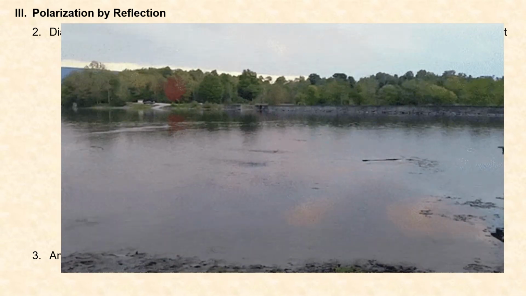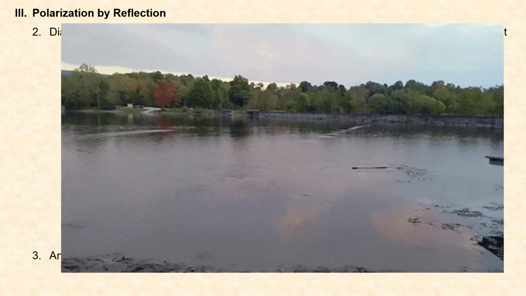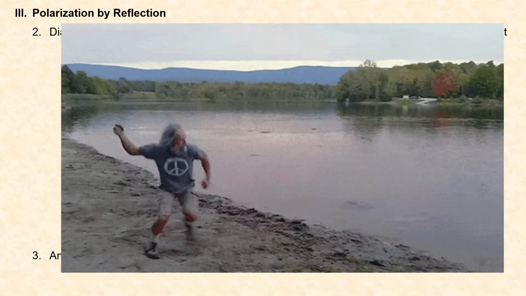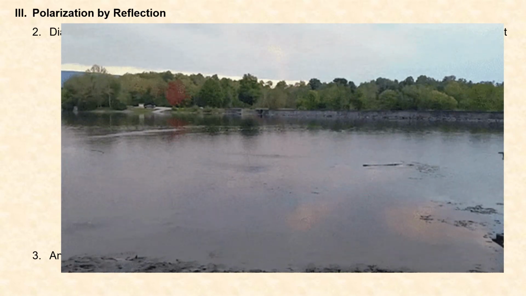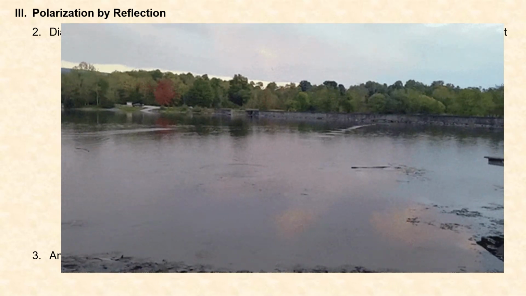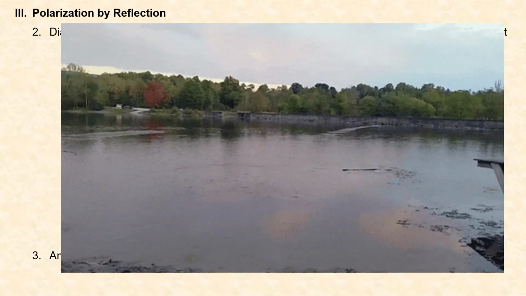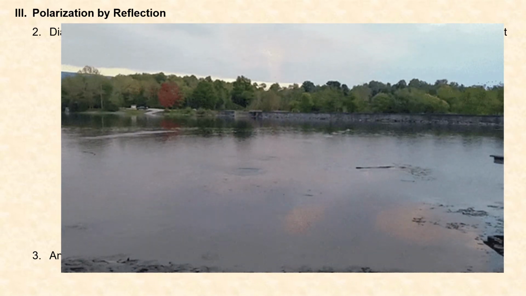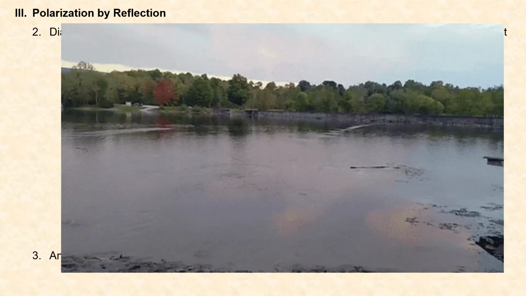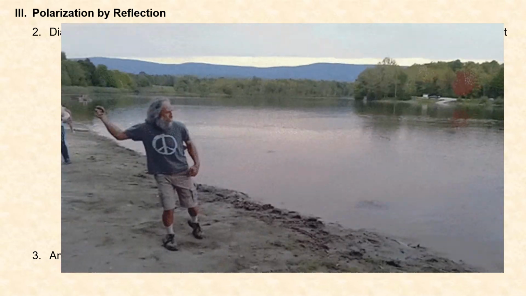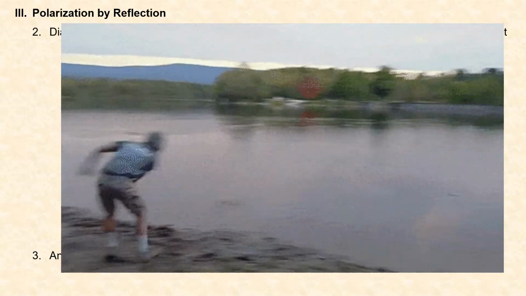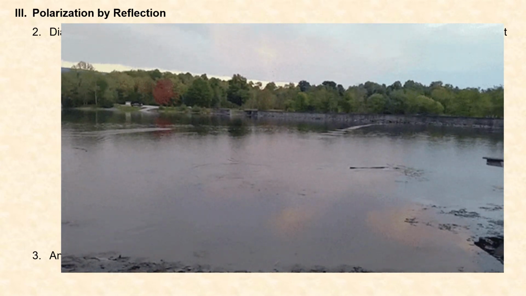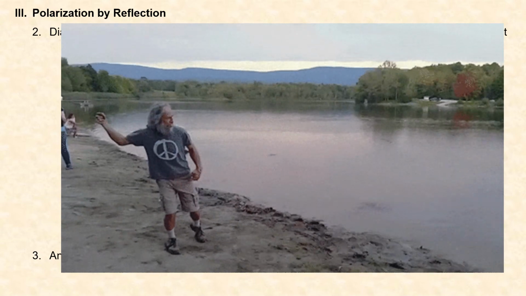But for the stone that is thrown at just the right angle with just the right orientation, most of that stone's energy is going to get reflected from the surface, with very little of its energy transmitted through the surface. And this is what you see by this gentleman, this professional stone skipper here. This parallels the case for a beam of unpolarized light that shines at just the right angle that we call the polarizing angle or Brewster's angle.